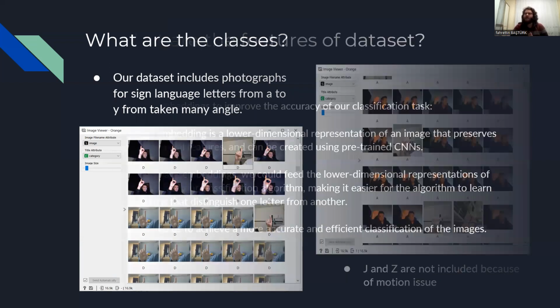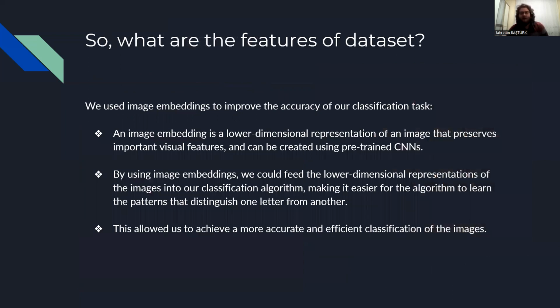So what are the features of the dataset? We use image embeddings to improve the accuracy of our classification tasks. And what is an image embedding? An image embedding is a lower dimensional representation of an image that preserves important visual features and can be created using pre-trained CNNs.